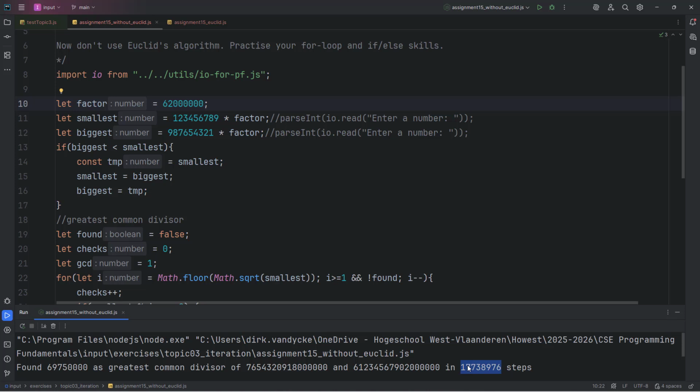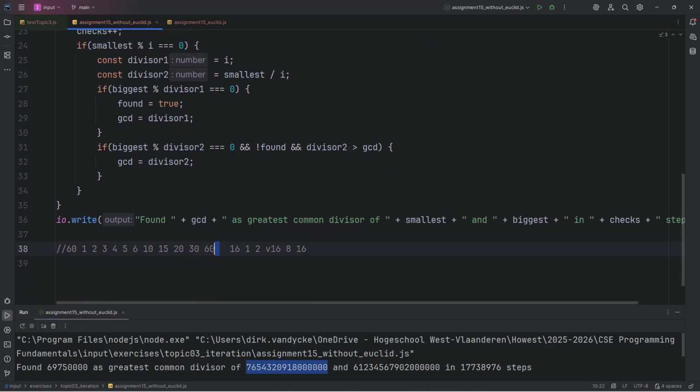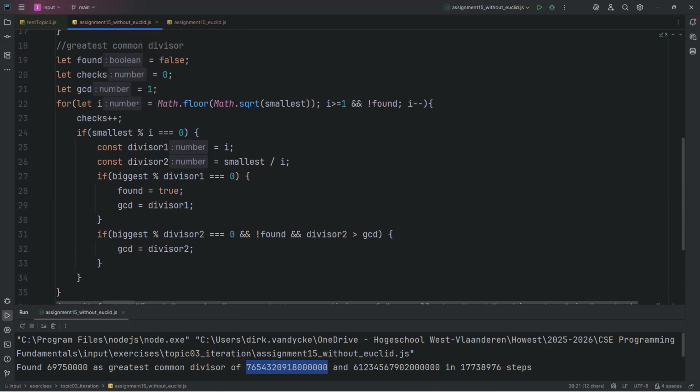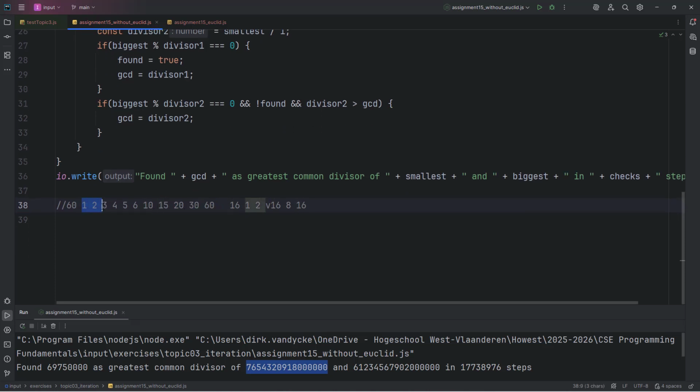Why is that? Because of the fact that you're closing in from the right hand side. And this of course takes quite some time, because you'll check a lot of numbers that aren't divisors at all. So what if I just start checking again from the left hand side, because these divisors are closer to each other, and the square root of the number will be far more to the left than to the right.